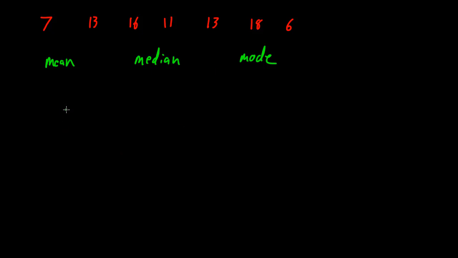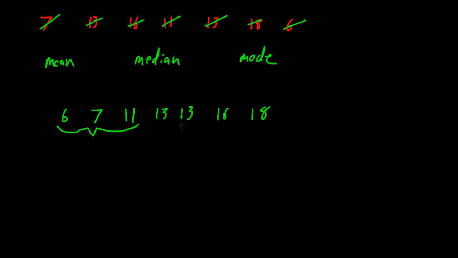So the lowest one we have is 6, and then we have a 7, and then an 11, and then 2 13s, a 16, and an 18. So now our median value is just the middle value. So if we look at this, we have 3 values here, and we have 3 values here. So our middle value is this 13.